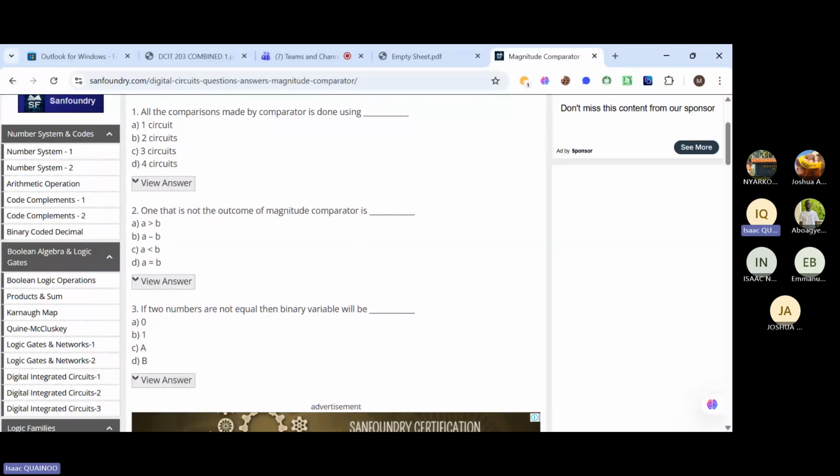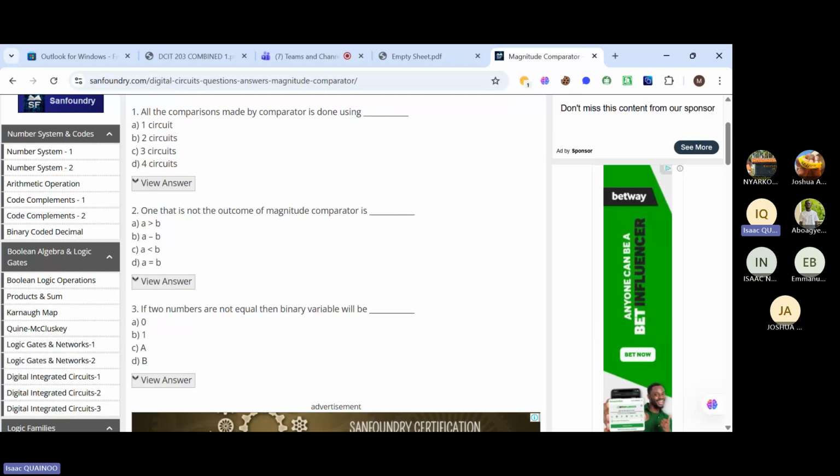All right. Question 1: all the comparisons made by comparators is done using A, 1 circuit, B, 2 circuits, C, 3 circuits, or D, 4 circuits.